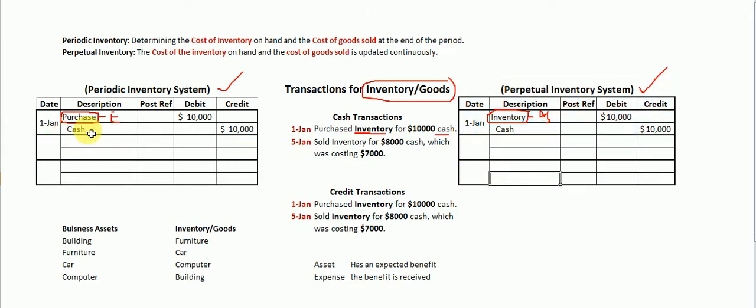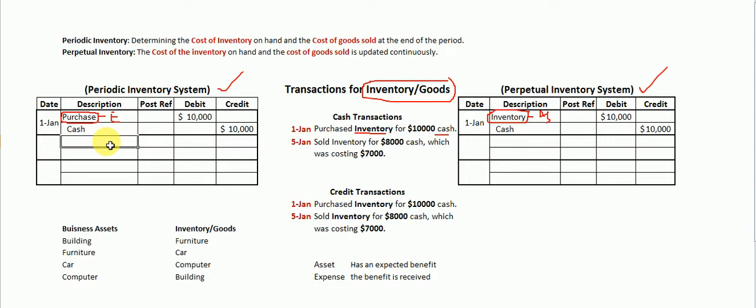So what is the problem in the periodic inventory system? If you purchase each and every small item, you have to record it as an asset, and when you sell it you have to record it as an expense. It is quite inconvenient because transactions happen very frequently in small businesses.